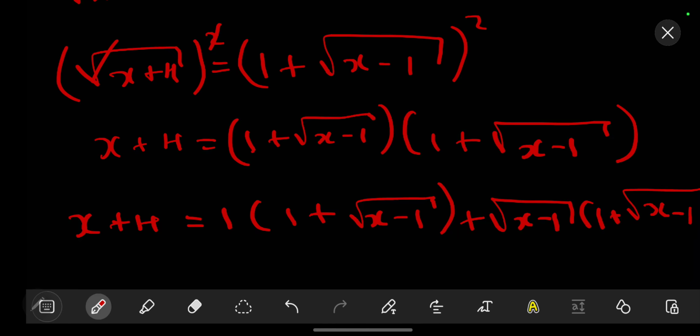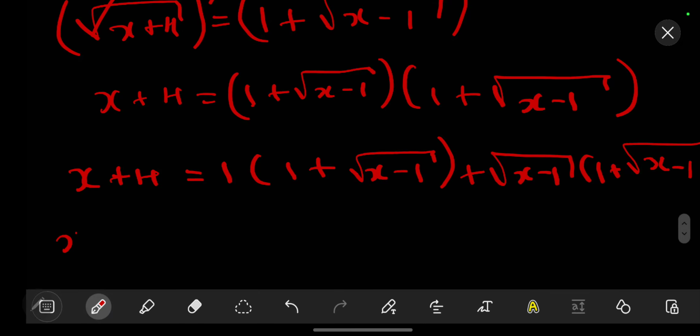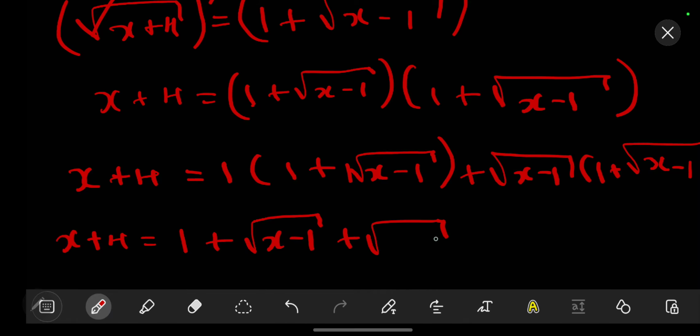By doing that, we have x plus 4 equal to 1 times 1, which is 1, plus 1 times the square root of x minus 1, which is just the square root of x minus 1. Then we move on to the square root of x minus 1 times 1, which will be plus the same thing, the square root of x minus 1.